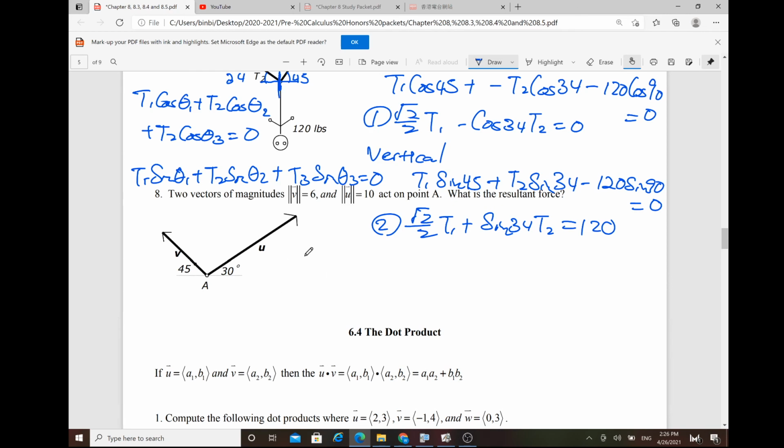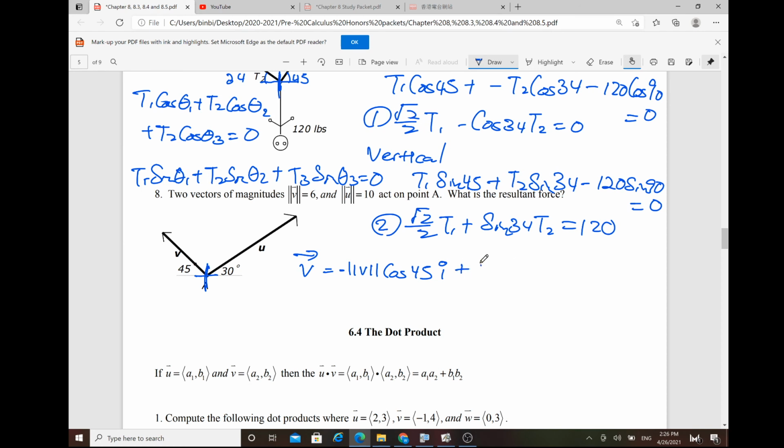So for vector v, this one is written as the norm of v times cosine of 45. But keep in mind, it's in the second quadrant, so you set up the cross here, so negative, i. Again, i is just the representation of the horizontal component. It's not the imaginary number.